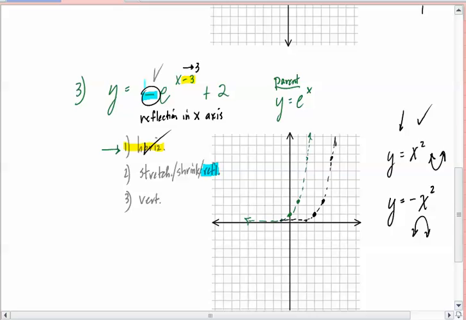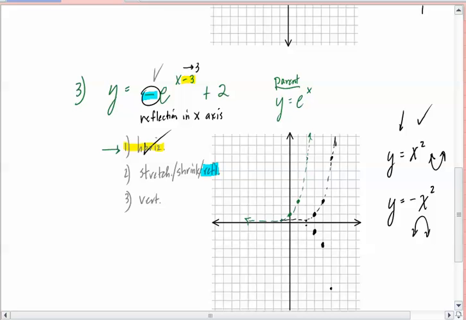It's a reflection in the x-axis, which means that it's going to go right across the x-axis like that. So let's take all of those points and reflect them down, right? Instead of this one here it is going to be about here, and instead of this one at 7 point whatever, it's going to be 2, 4, 6, 7 and a little bit here, and then instead of this one here it is going to be down there.